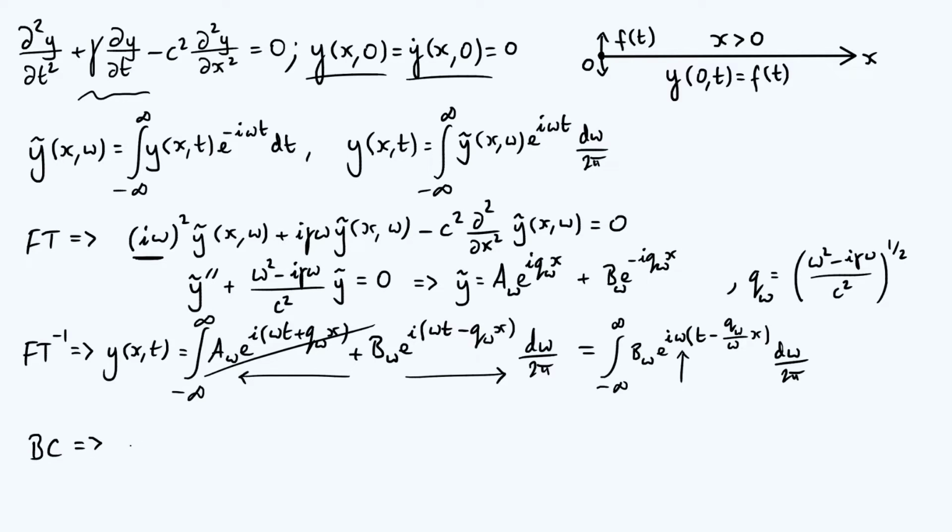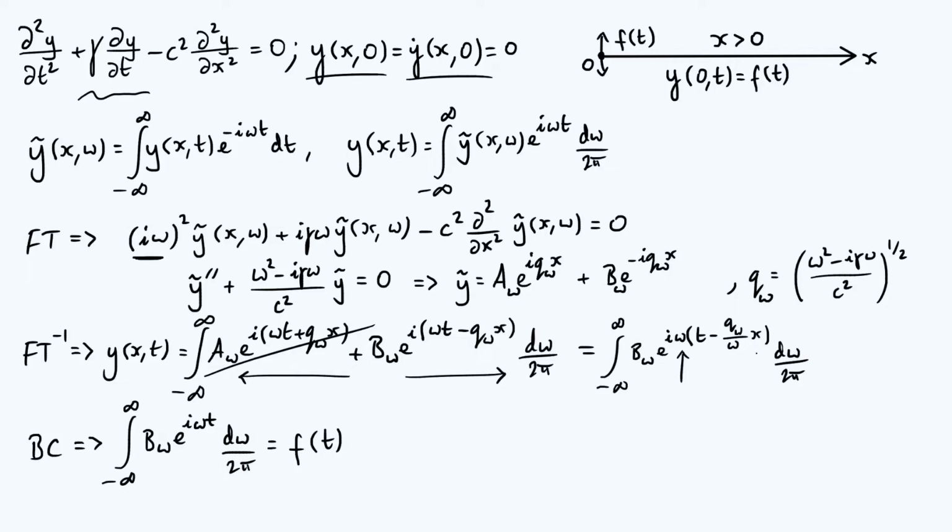So let's do that. Our boundary condition said, remember, that y(0, t) is equal to some specified function f(t). So if we plug in x equals 0 into that solution that we've got there, we're going to find that the integral from minus infinity to infinity of b_omega and then just e to the i omega t d omega over 2 pi is supposed to be equal to f(t), right?